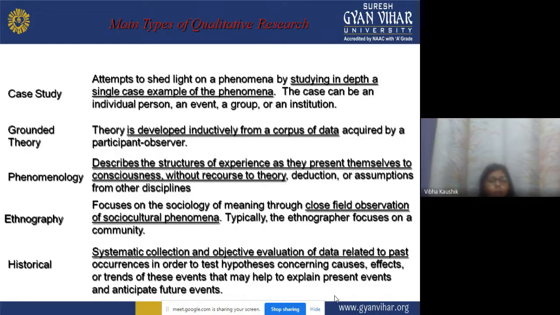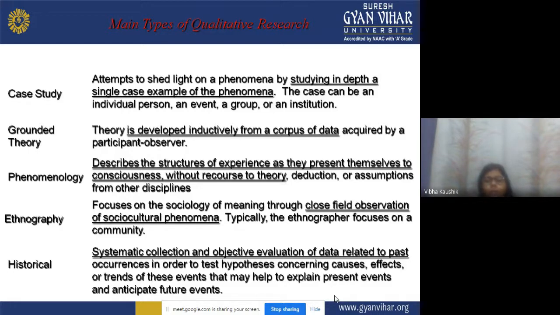Historical research involves systematic collection, meaning that data will be collected in a systematic order, and objective evaluation of data, not subjective, related to past occurrences in order to test hypotheses. It examines the way in which that hypothesis has been tested, whether a null hypothesis has been accepted or rejected.